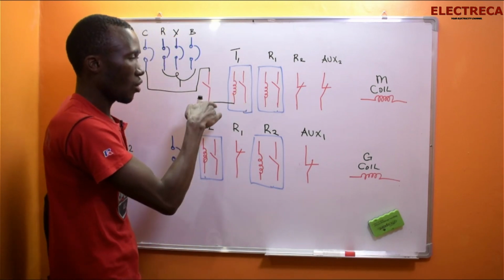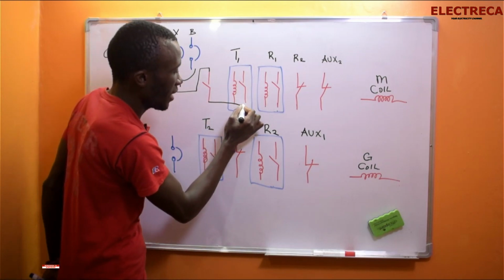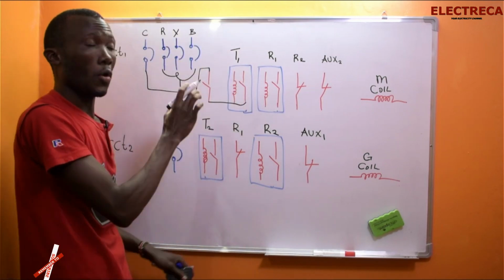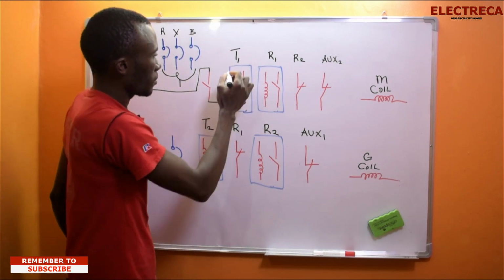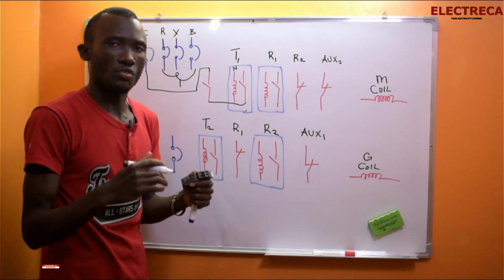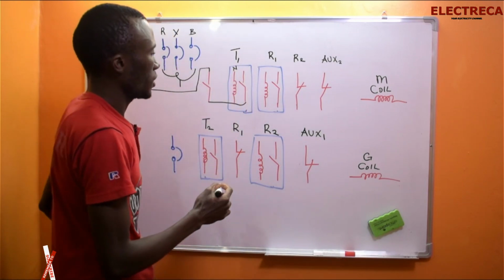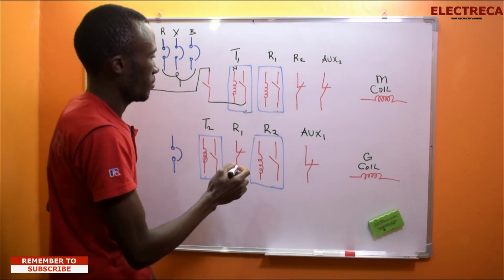So we supply the coil, and then you can still rip a wire here and supply the open contact of the timer. So this is N. Our control circuit is single phase, 240 volts. It could be 110 or 230 where you are, but here we use 240.